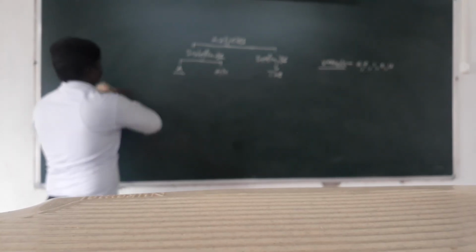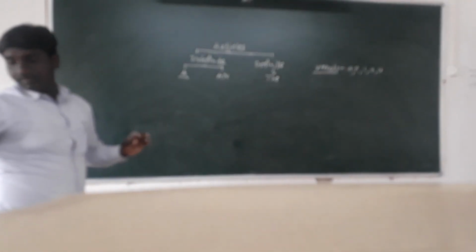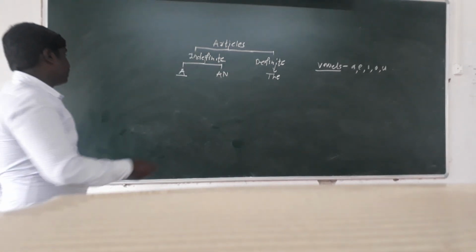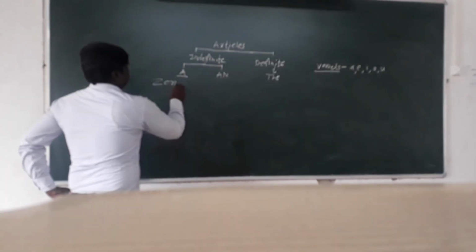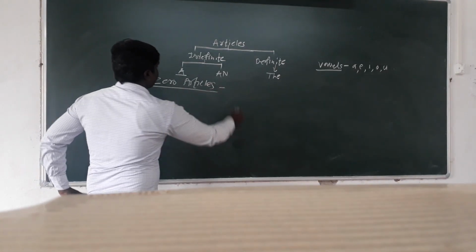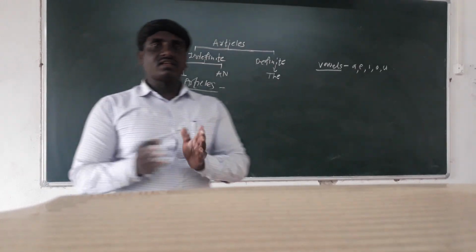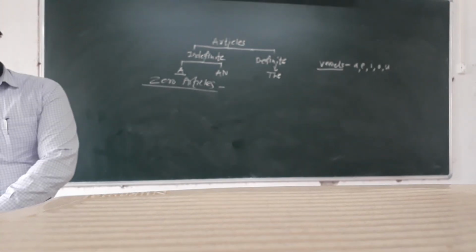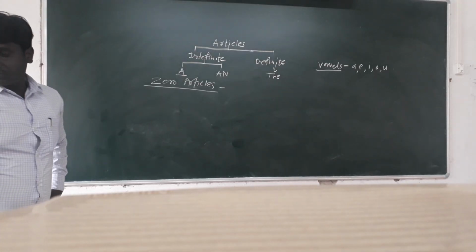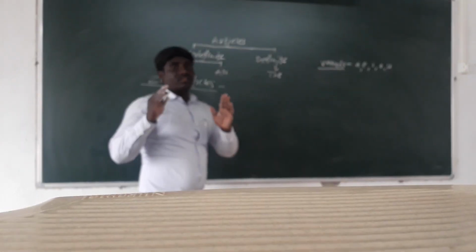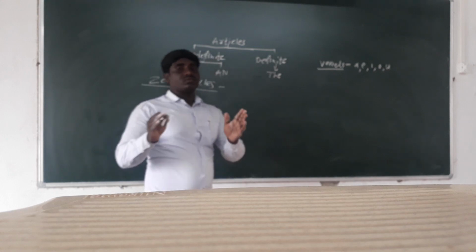So now we are going to learn zero articles. Basically, when we do not use the articles, it is called zero articles. When we talk about general things, then we will not use the article.